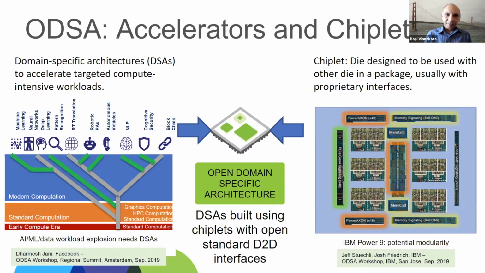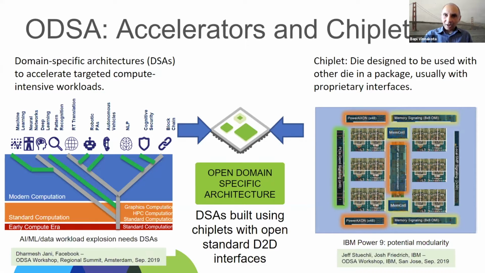And the picture on the left is another picture from DJ's talk, which really talks to the enormous range of domain-specific architectures that you're seeing at different hyperscalers and at the edge. Just in neural networks, you're seeing an astonishing range from inferencing, learning, spiking, neuromorphic networks, you name it. And in video acceleration as well, you're seeing a whole bunch of applications.